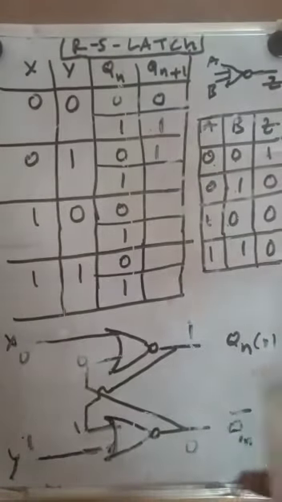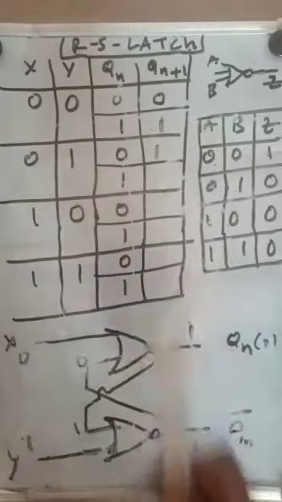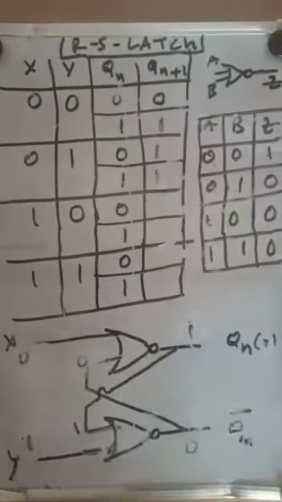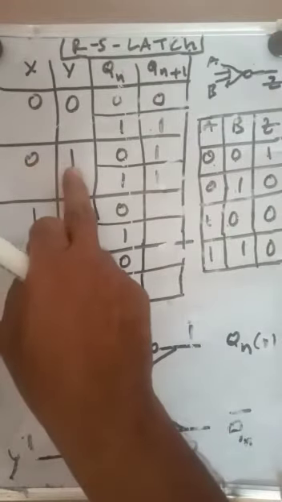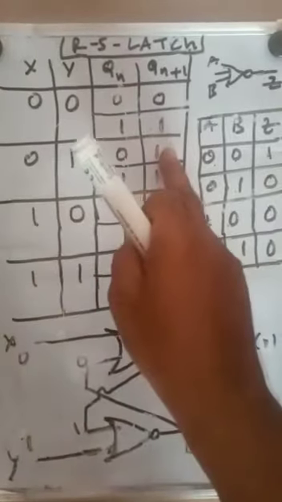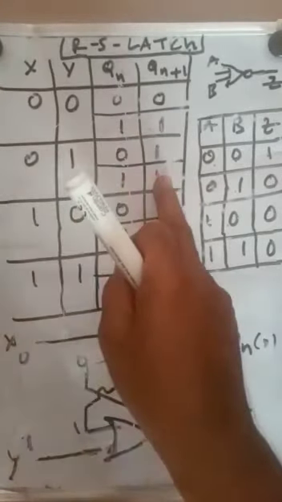So even if the present state output is equal to 1, the next state output is also equal to 1. That means when the inputs are 0, 1, if the present state output is equal to 0, then that will be set to 1 after applying inputs. And if the present state is equal to 1, again this sets to 1, the same. That means this is what is called the set.